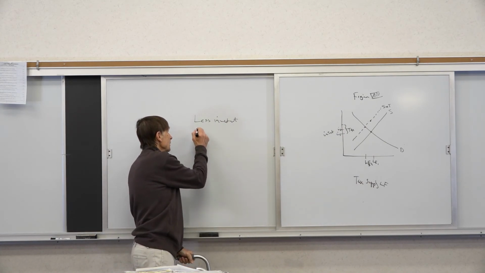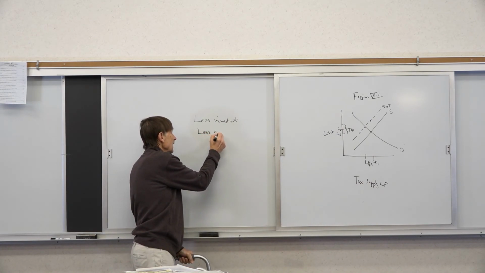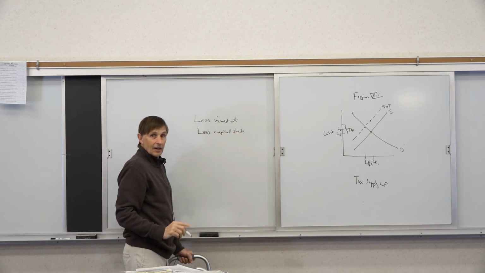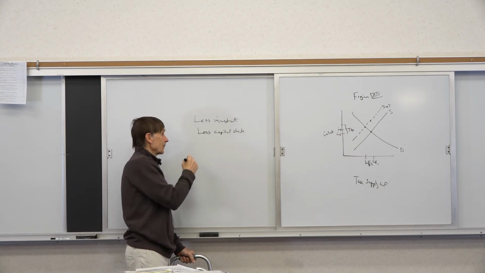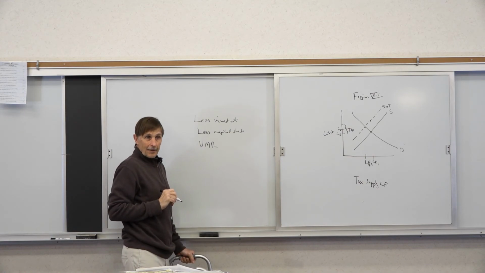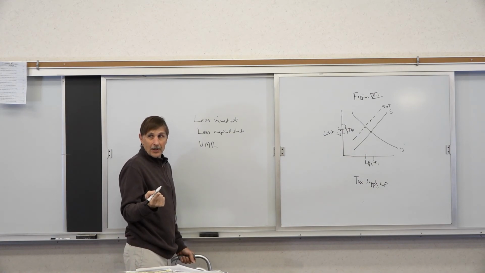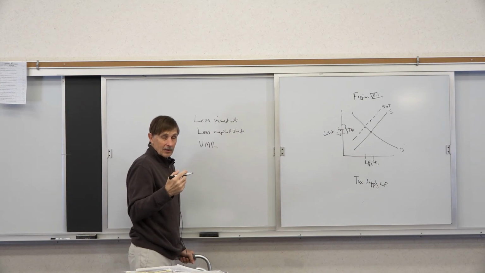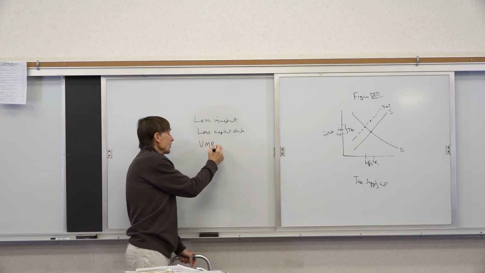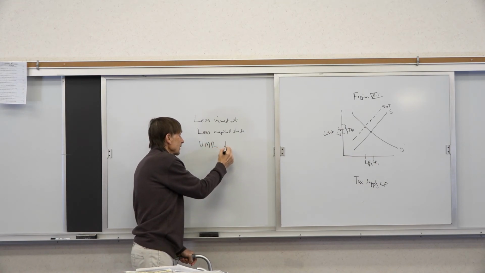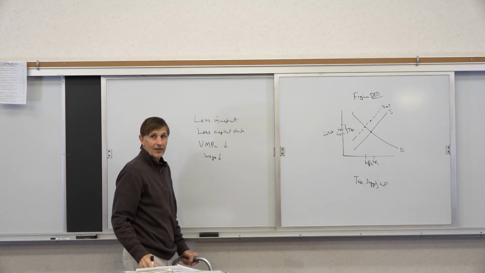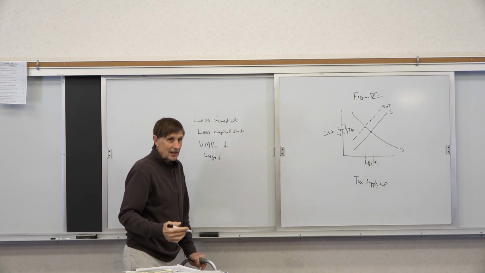So if there's less investment, there's less capital stock, right? But if there's less capital stock, that's going to affect the value of the marginal product of labor, right? The value marginal product of labor depends on other things, but it also depends on the amount of capital that's out there. So now the value marginal product of labor is going to go down, so wages will go down, right?